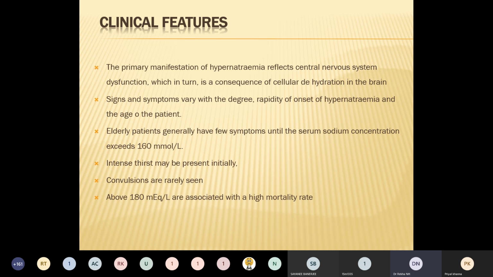Elderly patients will have few symptoms till the sodium concentration goes to 160, and the patient can have intense thirst. Sometimes these patients can develop convulsions. If untreated hypernatremia goes beyond 180 milliequivalents, it is associated with higher mortality; usually this situation will come in patients who are admitted in ICU.